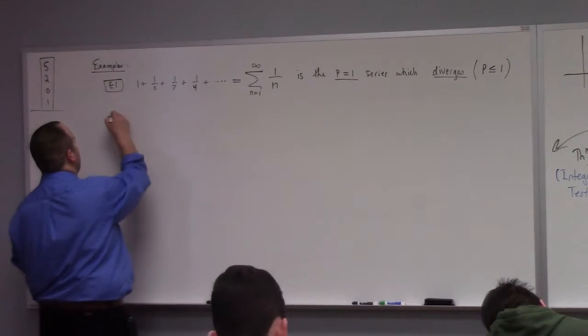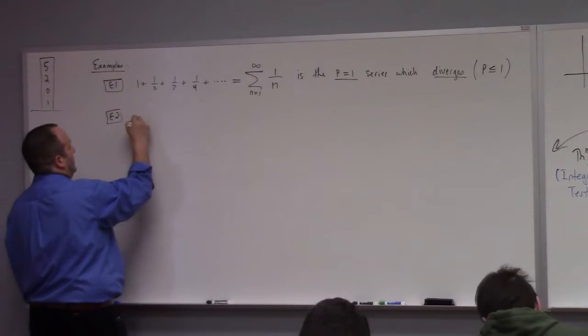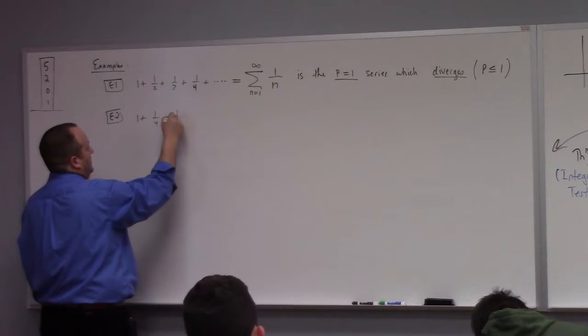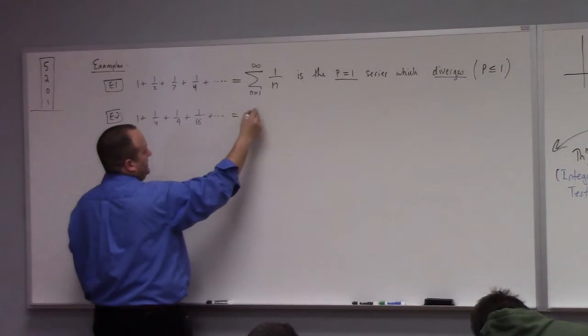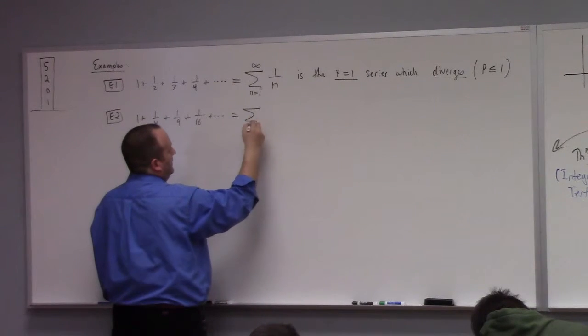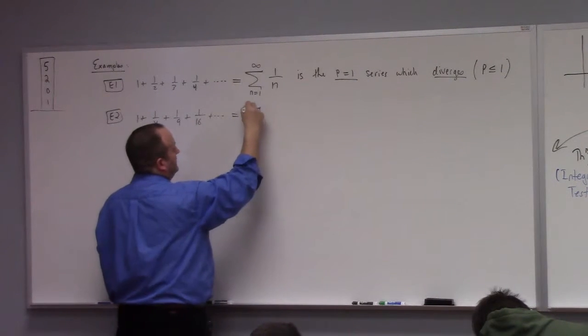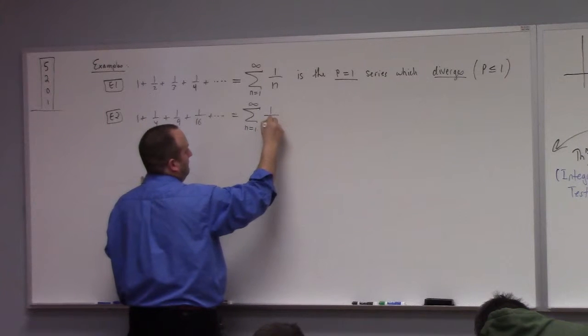In contrast, 1 plus a fourth plus a ninth plus a 16th, this would be the sum n equals 1 to infinity of 1 over n squared, right?